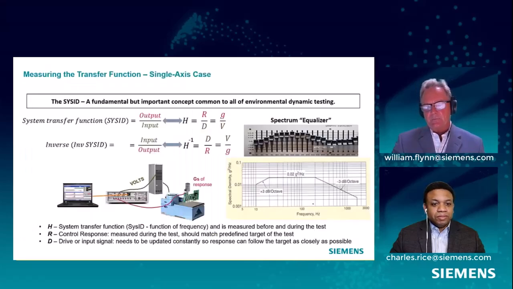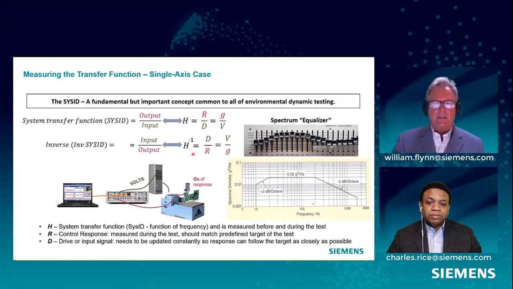And we do that because we need to derive a closed loop form of the output response spectrum or output spectrum to the shaker. And we do this by inverting that transfer function or SysID. So we want to make sure we're very accurate with that because we're going to use that to calculate our voltage output to the shaker.